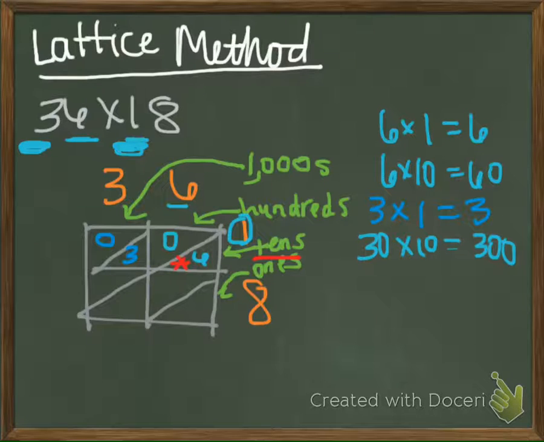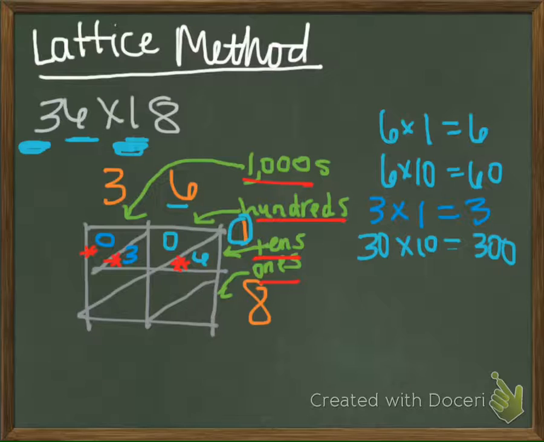And as you can see in the lattice, we have the 3 right there in the hundreds column. And that 0 is in the thousands column because we don't have any in the thousands. We don't need any. So there's that 6 right there, of course, in the ones.